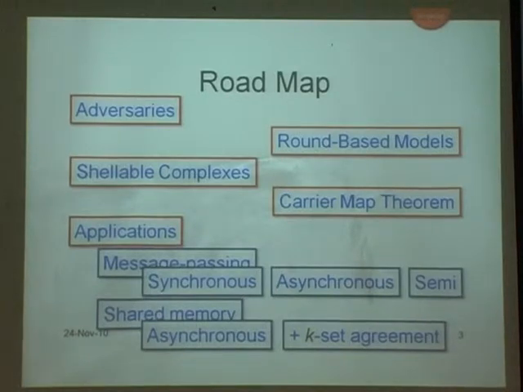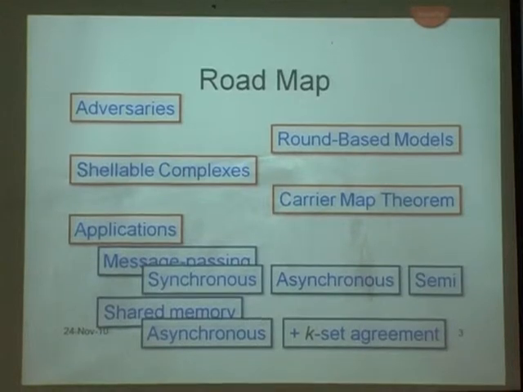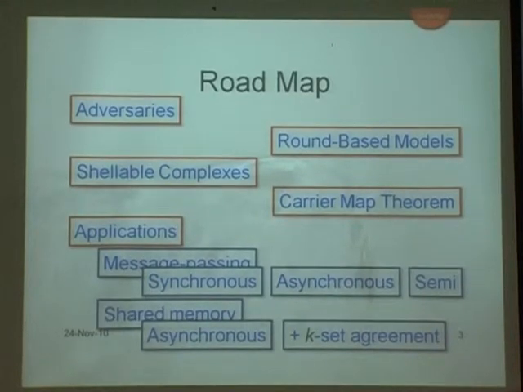And so we'd like to be able to take some of our results and apply them to these more sophisticated models. So what I'm going to do is talk about the notion of an adversary, which is a general way to talk about failure models. You can encompass failure models into a different structure. We're also going to focus on round-based models, where we take the computation and break it down into smaller rounds.